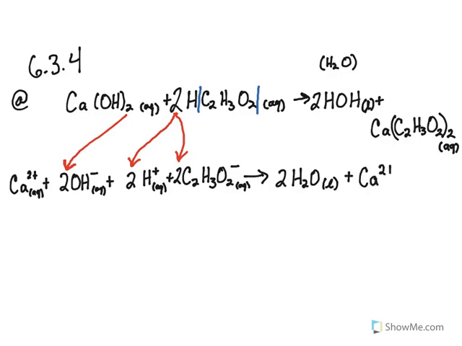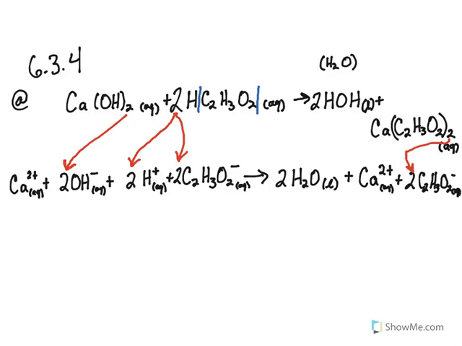And then I'm going to have Ca2 plus and 2 acetates. Again, both of those would be aqueous. And that 2 is coming from the subscript of 2. So that's going to be the total ionic.